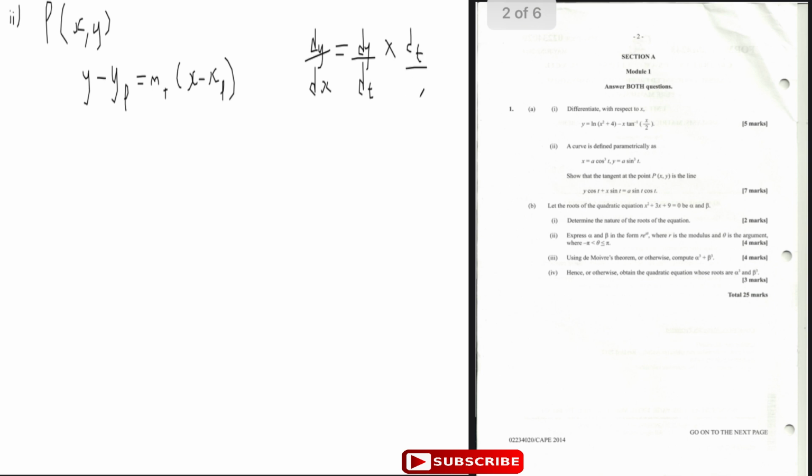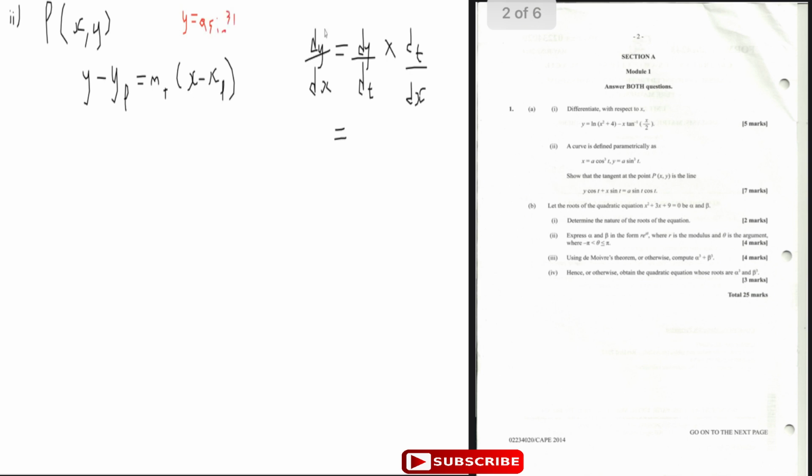So this is going to be dy dx. So let us continue. So dy by dx is going to work out to be dy by dt. And remember up here it said that y is equal to a sine cube t.